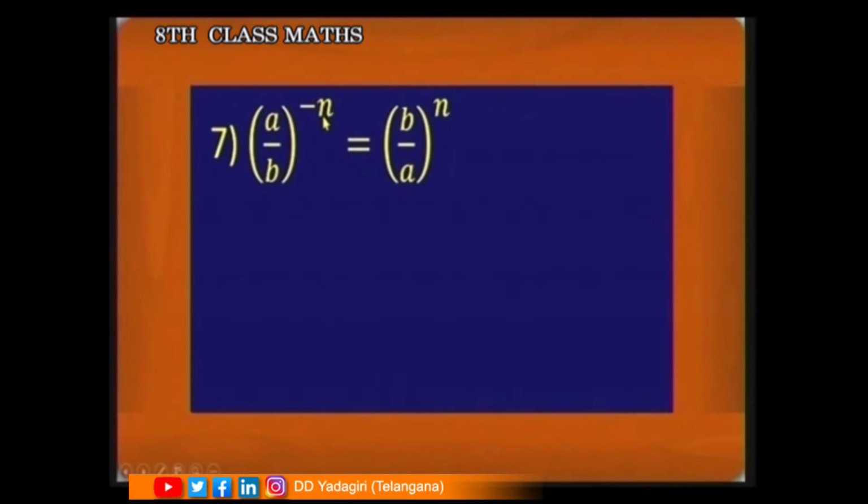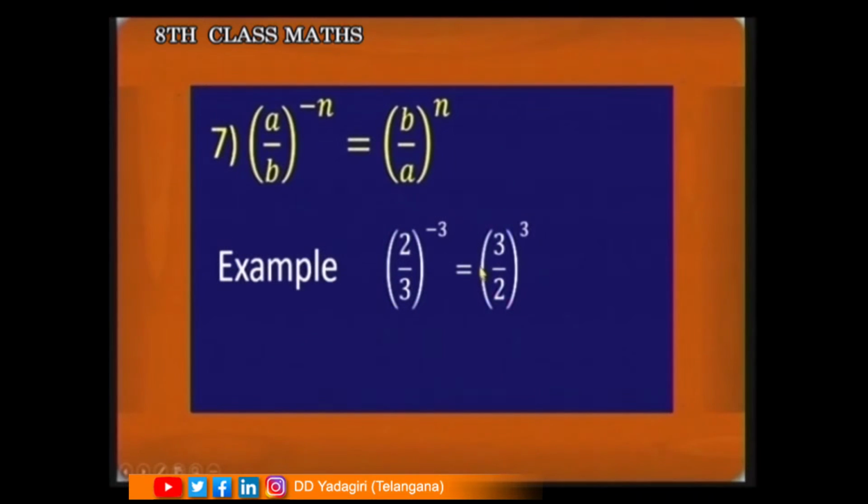That means if it is negative n, it becomes n. Now we take one example. Here (2 by 3) whole to the power of minus 3 can be written as (3 by 2) whole to the power of 3. The fraction is inverted, I have taken the reciprocal, then the exponent became its additive inverse. If this is minus 3, it became plus 3.